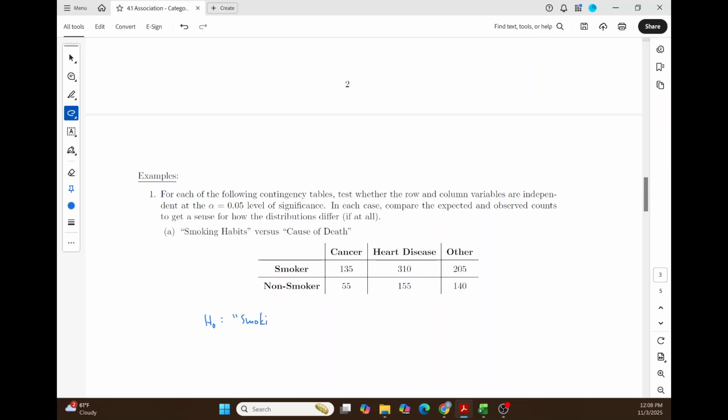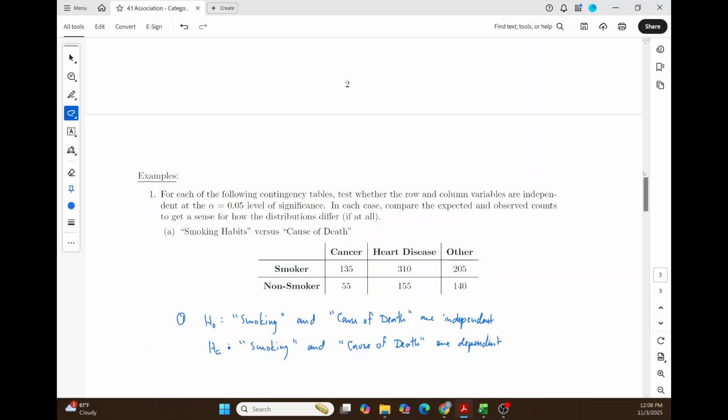Smoking and cause of death are independent, and the alternative would be that smoking and cause of death are dependent. Okay, so that's step one of our hypothesis testing procedure.